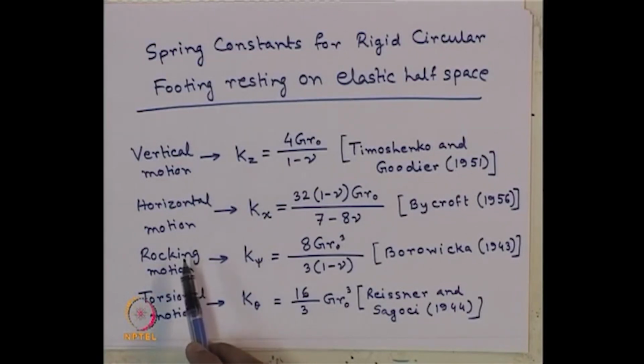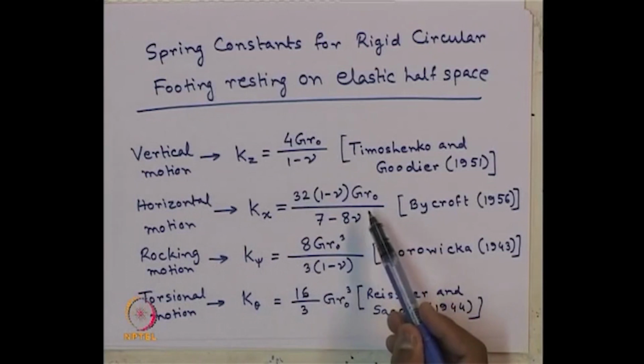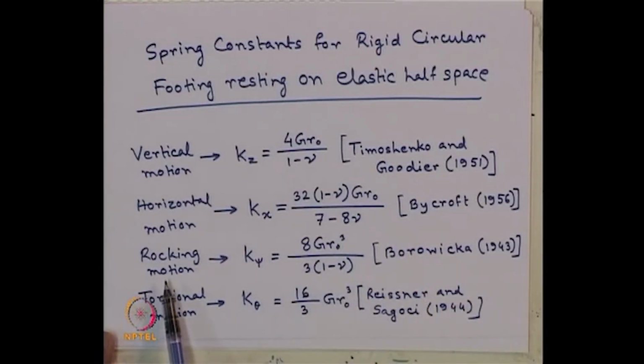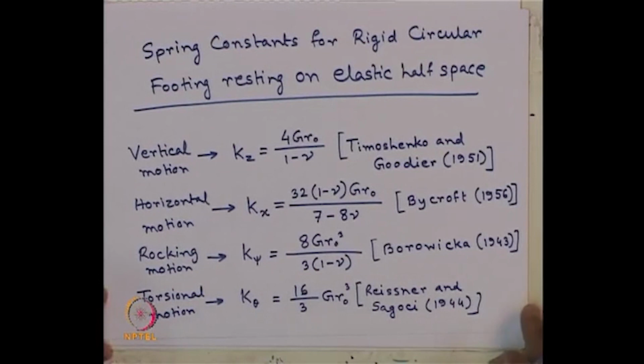For horizontal motion, as you know, it can be kx or ky both. Accordingly, the R naught expression will change. Rocking and pitching also same, calculation for R naught will change. So, let me give you the expressions for calculating the equivalent radius, which will help you to find out the expression for R naught correctly.